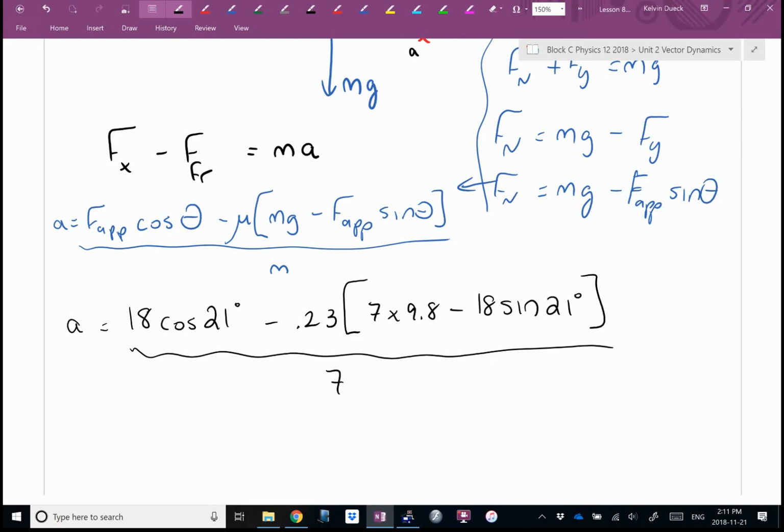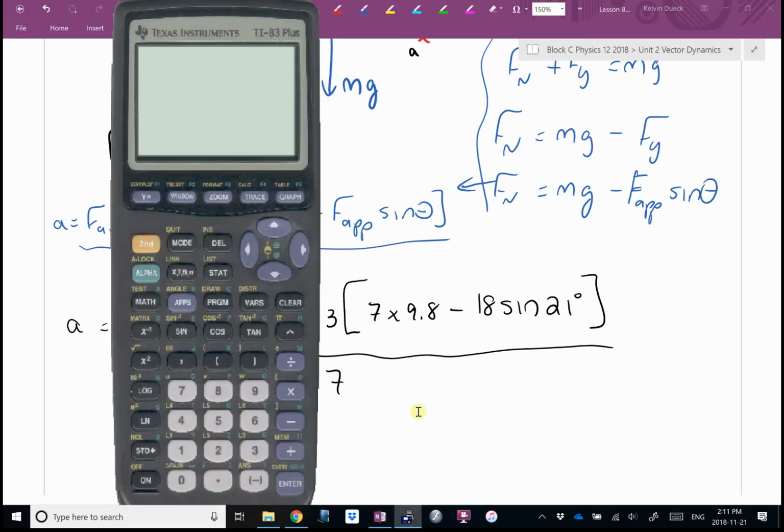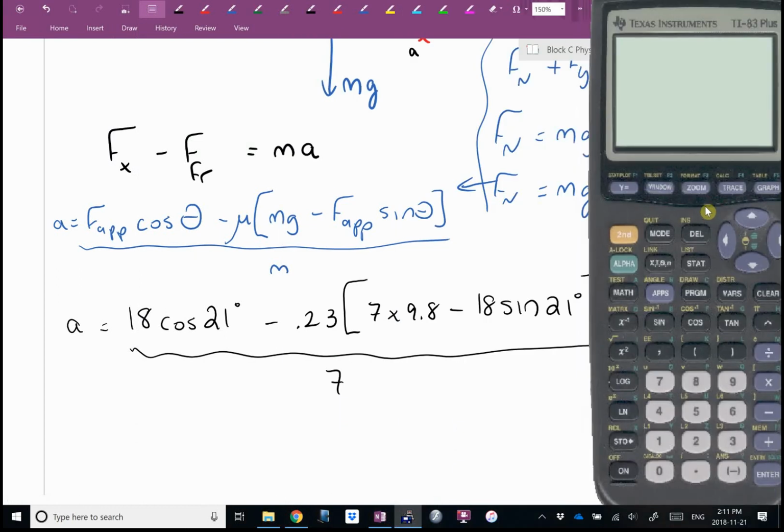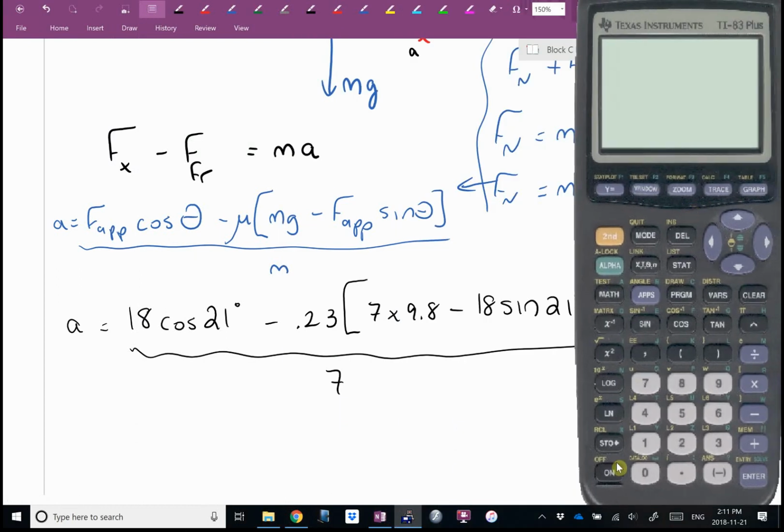On my calculator, I have to really track some brackets. Is this a fraction? Yep. More than one thing on the top? Yep. Bracket 18 cos 21. Then I have to close off the cosine, minus 0.23. I open a second set of brackets. 7 times 9.8, take away 18 sine 21. I have to close off the sine.